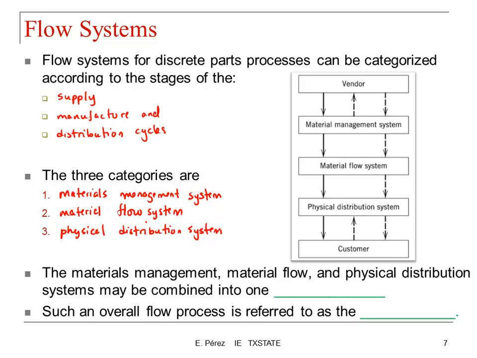So in general, what we're trying to represent here is that we're going to have a vendor, which is the owner, taking care of or communicating with the material management system to see what are the needs from the company in terms of sales, in terms of what's the future demand, how we should prepare for the future demand, and so on.